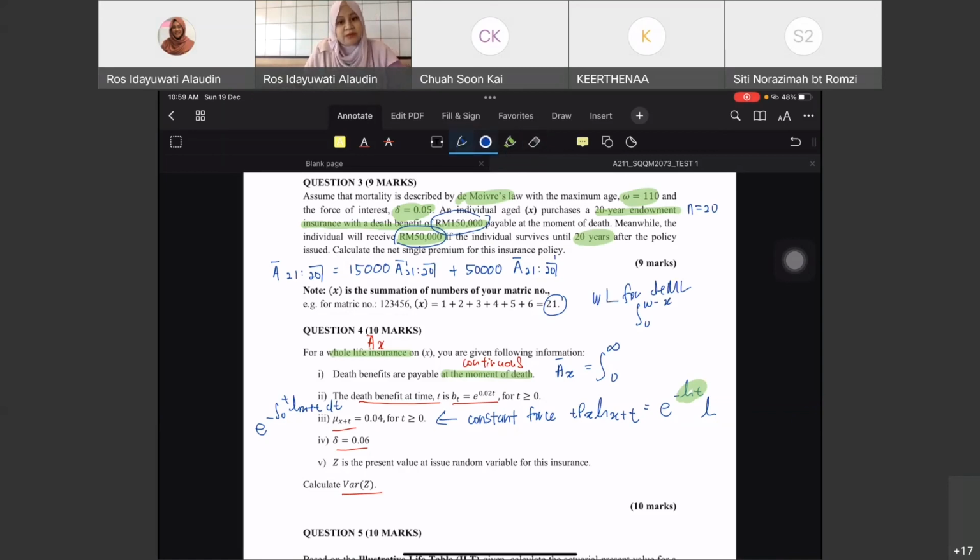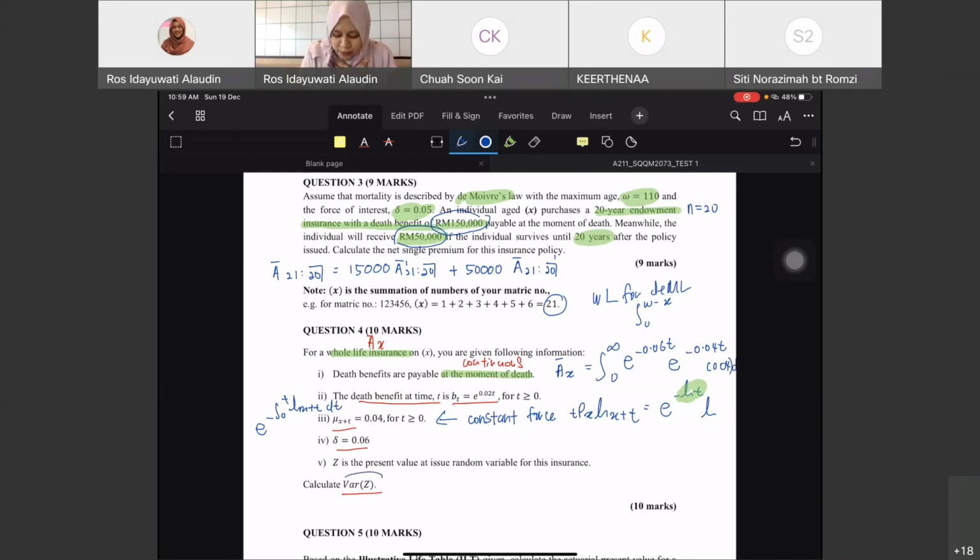So you have to integrate v^t times t p x times mu x plus t. So v^t is e^(-0.06t), t p x is e^(-mu t), mu is 0.04, and mu is 0.04 dt. You have to integrate this, and you will get the value.